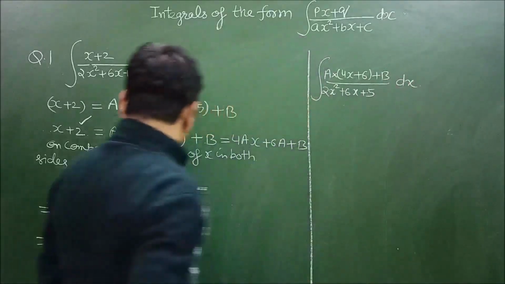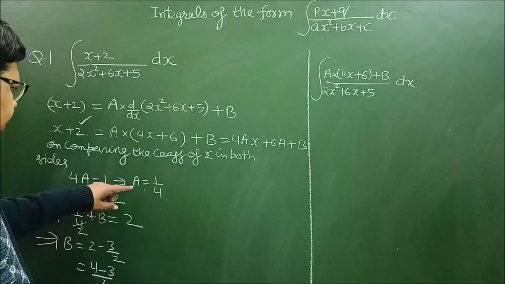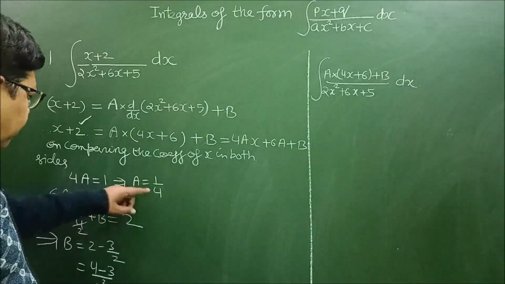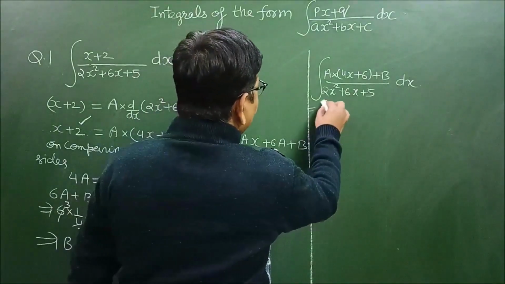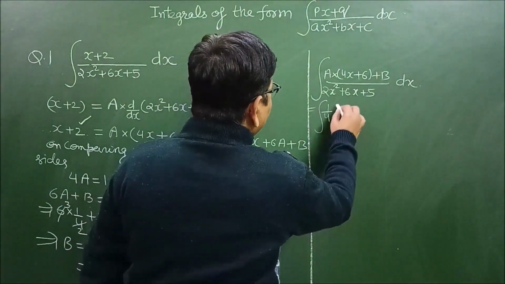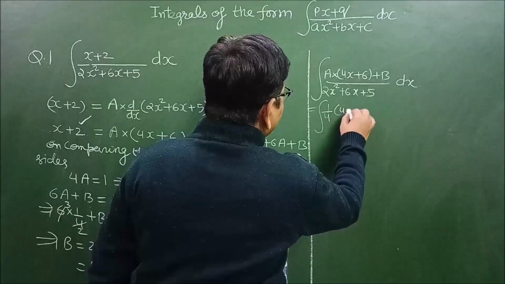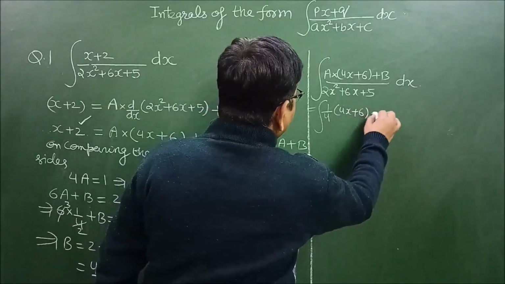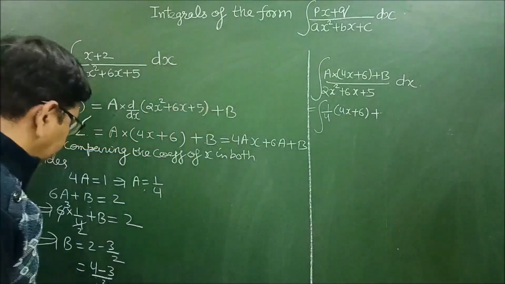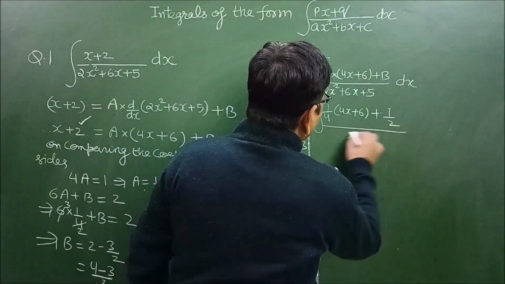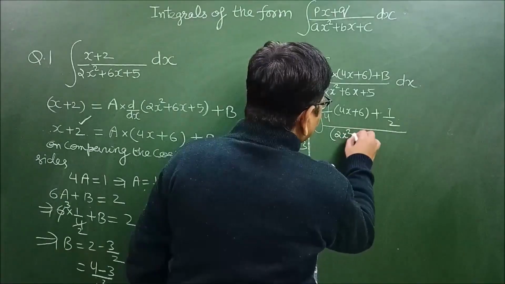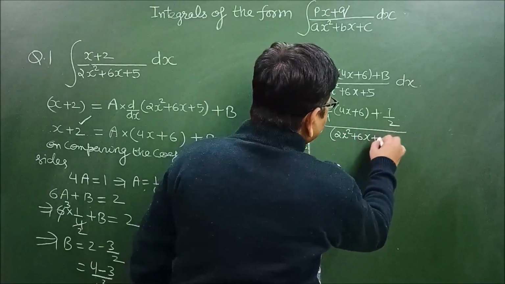Now putting the values, a is 1 upon 4 and b is 1 upon 2. So we have the integral of [1 upon 4 into (4x + 6) plus 1 upon 2] upon (2x² + 6x + 5) dx.